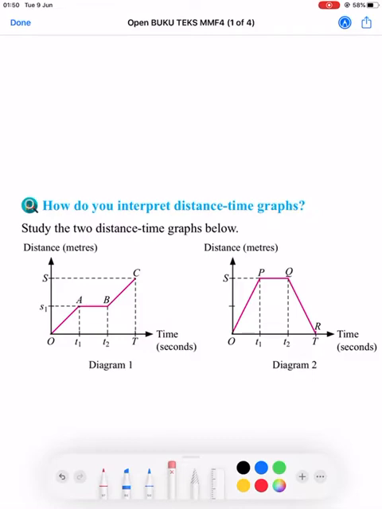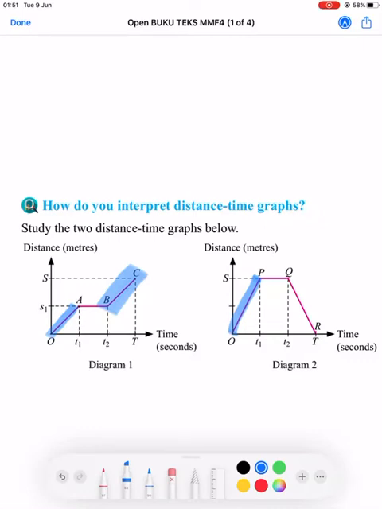Look at the first diagram. Line OA has a positive gradient. Line BC also has a positive gradient. For diagram 2, line OP has a positive gradient.